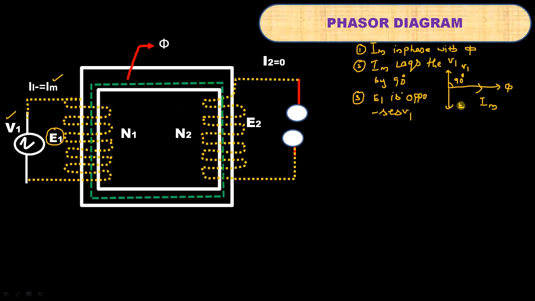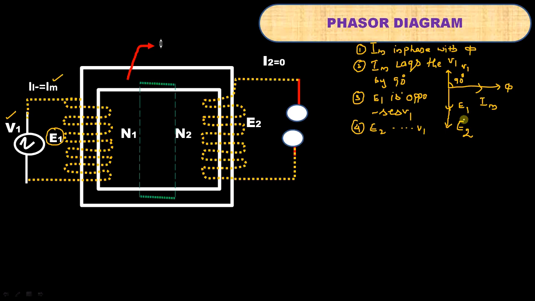This is E1. Similarly, the fourth point: E2 also opposes V1, so it will also come here, but with a different magnitude. Its magnitude depends upon the total number of turns. This is the phasor diagram of an ideal transformer under no load condition.